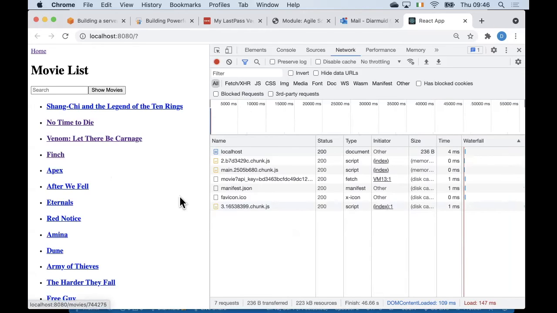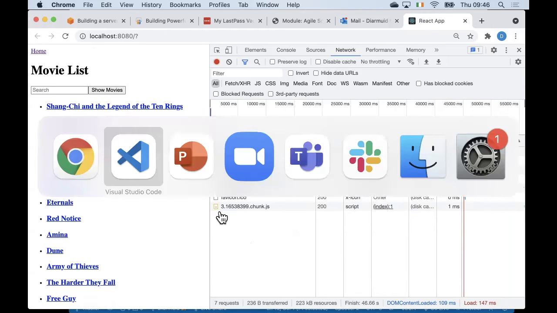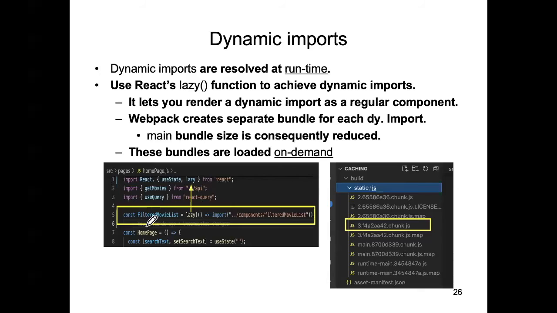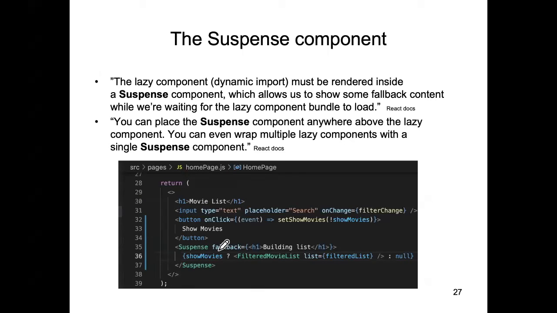Now, in terms of your source code, what you've got to do, as I said, is implement the import as a dynamic import. But there's a second step that you have to do as well. This is the component in question here, the filtered movie list.